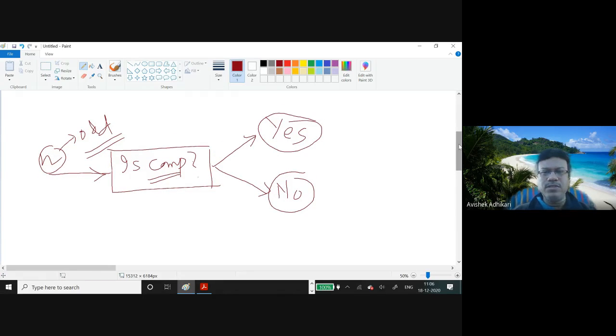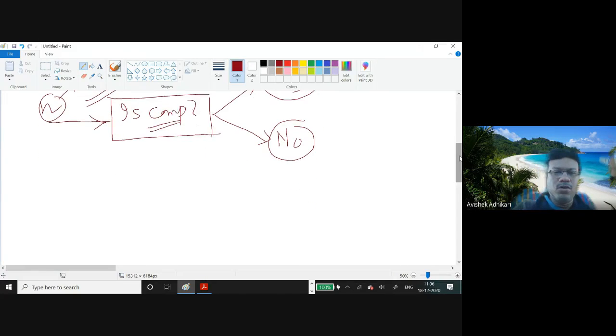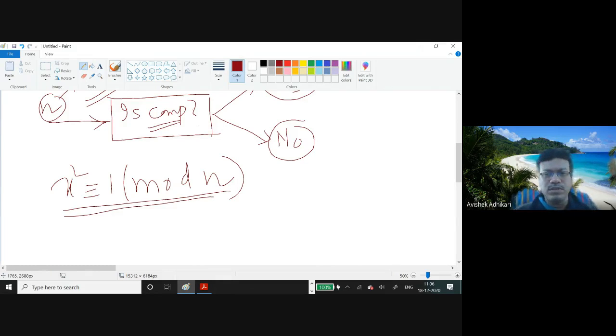Previously we used the idea of the Legendre symbol and Jacobi symbol, but here we are using the concept that if x square is congruent to 1 mod n has more than two solutions, then... We can see that plus 1 and minus 1 will always be a solution. But if you have more solutions than plus or minus 1, then your conclusion will be the number is composite. So that is the basic idea.